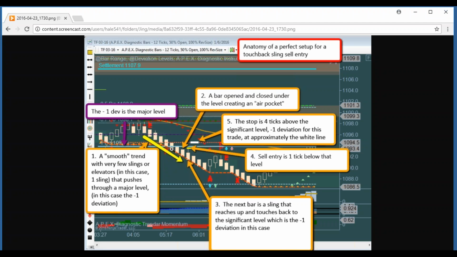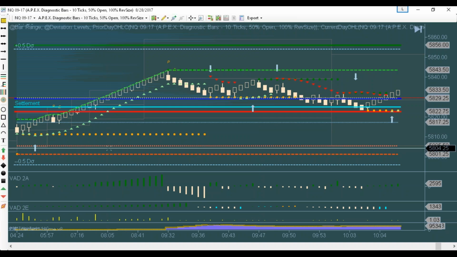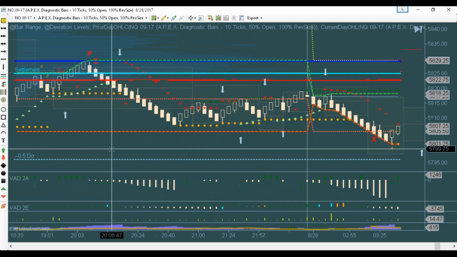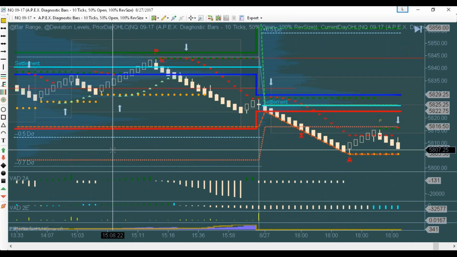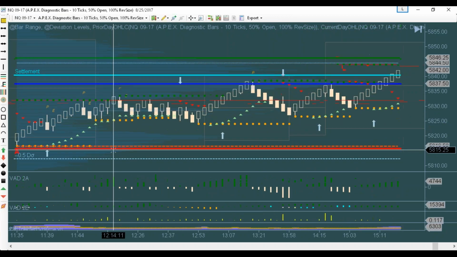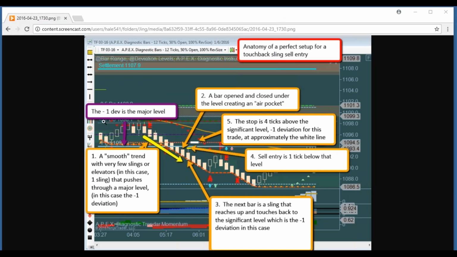Notice this strong level. I want to find a bad example first, or show you an example of what's not a touchback. Hold on, there might be one right here. Do you notice these bars coming through this level? See this bar and this bar and this bar and this bar?